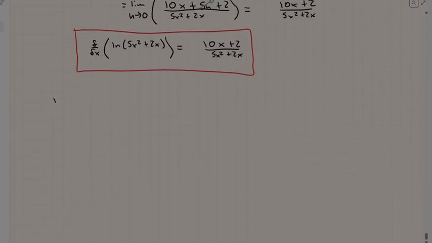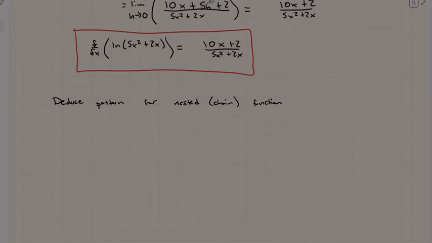All right, and so now let's see if we can deduce the pattern for nested or chained types of functions.